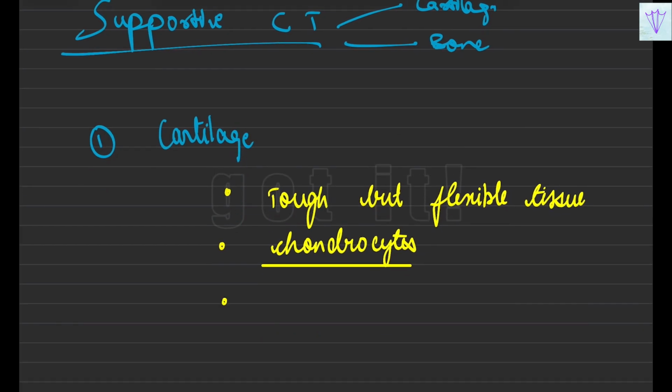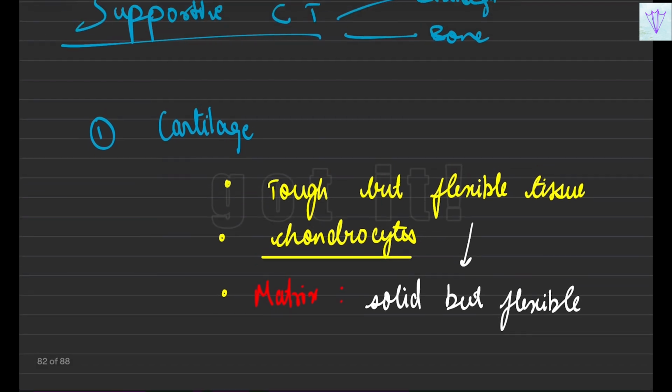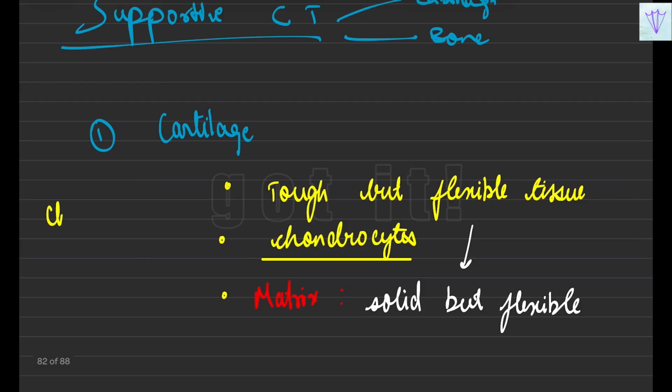And the matrix of this, how is the matrix? It is solid, but it is flexible at the same time. And what are the characteristics of this?